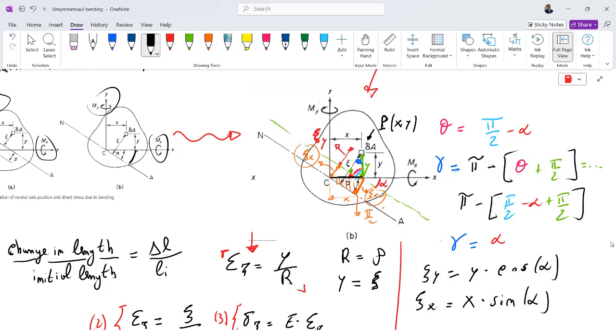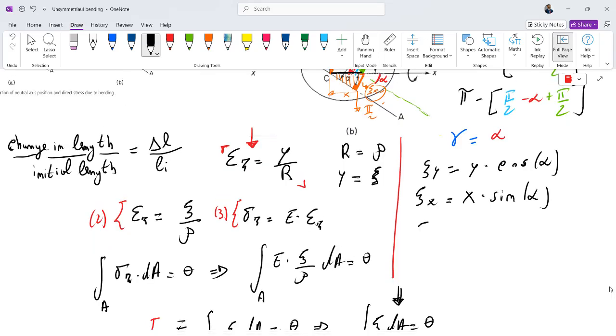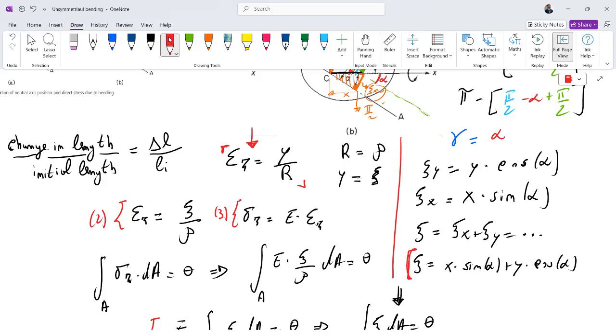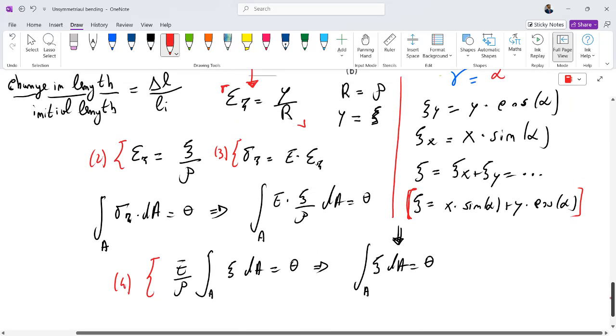So we obtain that zeta is the sum of two quantities, zeta x plus zeta y, that is equal to x times sine alpha plus y times cosine alpha. This is the fifth formula.